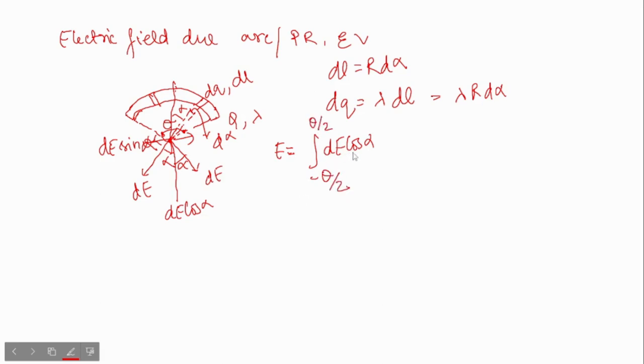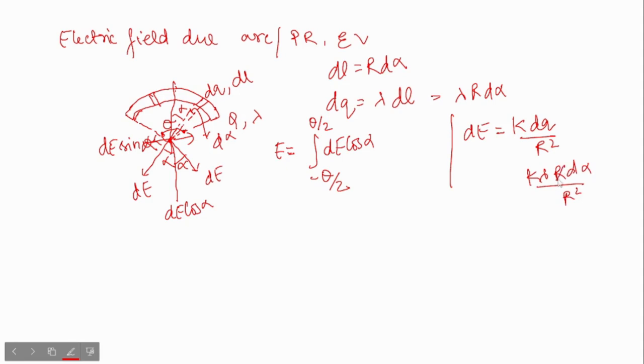Now, what is dE? dE is k dq by r square, and dq is lambda into r into d alpha. So dE is k lambda into r into d alpha over r square.